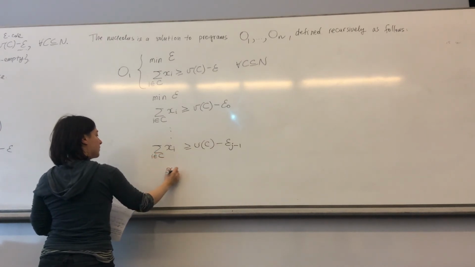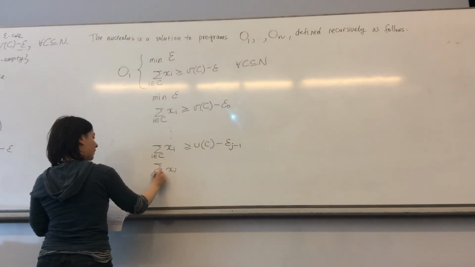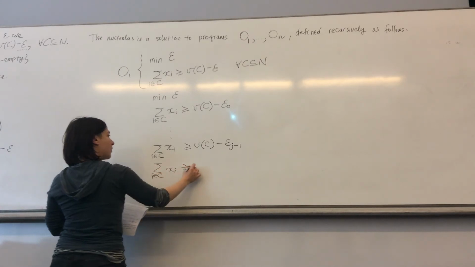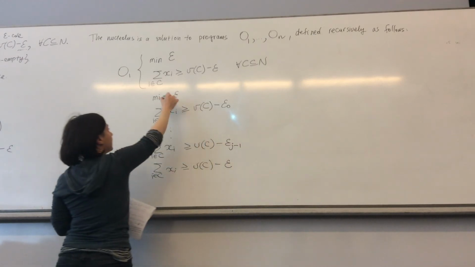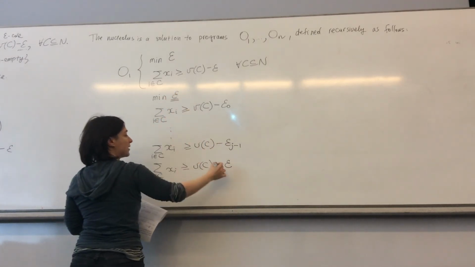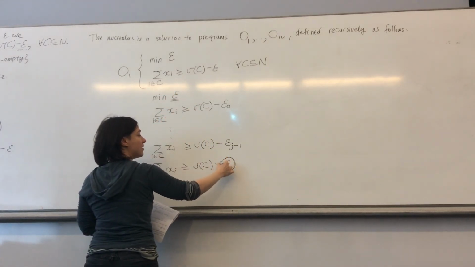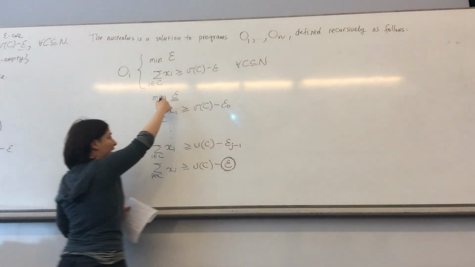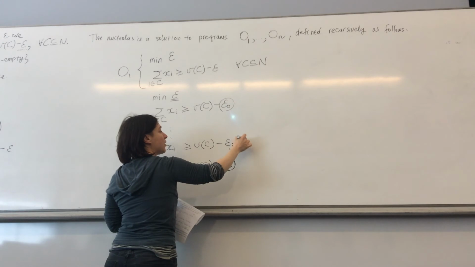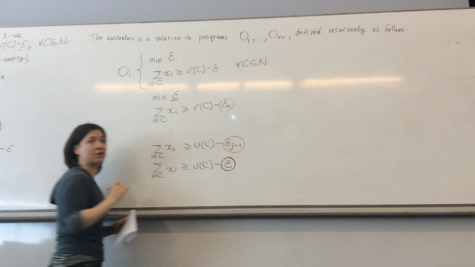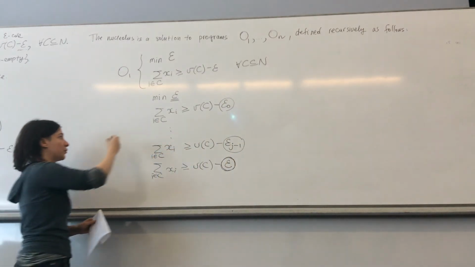And finally, epsilon, which is the same variable that I'm minimizing here. So that's actually the decision variable for the current problem. And those guys are the objective values for the previous problems.